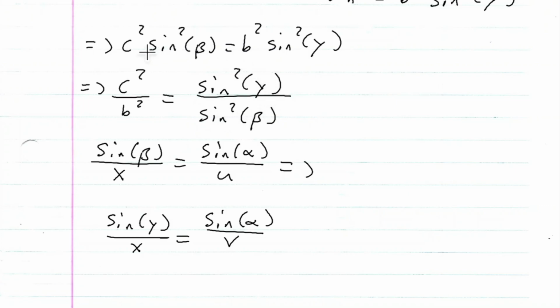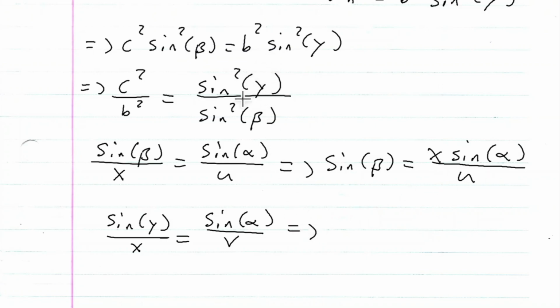I can figure out what sine of beta is using the law of sines. So I know that sine of beta is equal to x sine of alpha over u. And over here, I want to solve for sine of y. So this implies that sine of y is equal to x sine alpha over v.